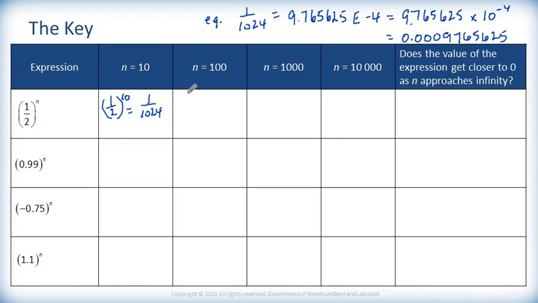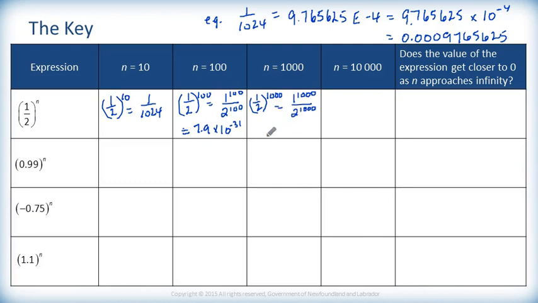Now the next one, you get 1 over 2 to the 100. Let's analyze that one a little more closely. That's 1 exponent 100 over 2 exponent 100. So the top stays as 1 really, and the bottom really gets huge. And it works out to approximately 7.9 times 10 to the -31. Pretty small. For this one, I've got 1 to the 1,000 over 2 exponent 1,000.